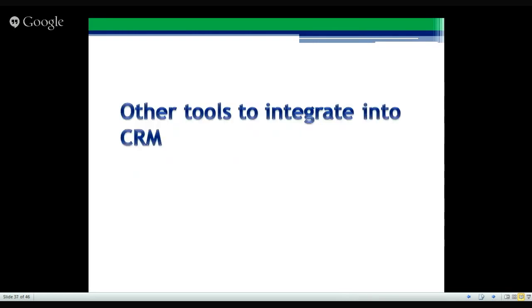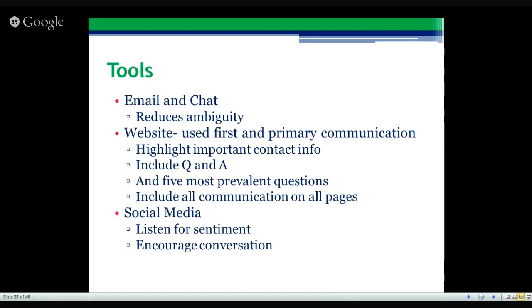So other ways to integrate the information from the CRM tools would be to get email and chat capabilities. Again, if that's a channel that is important for your brand, but even if it's not important, capture that data, understand the data, read what people say, and really code the information to understand what the complaints are.